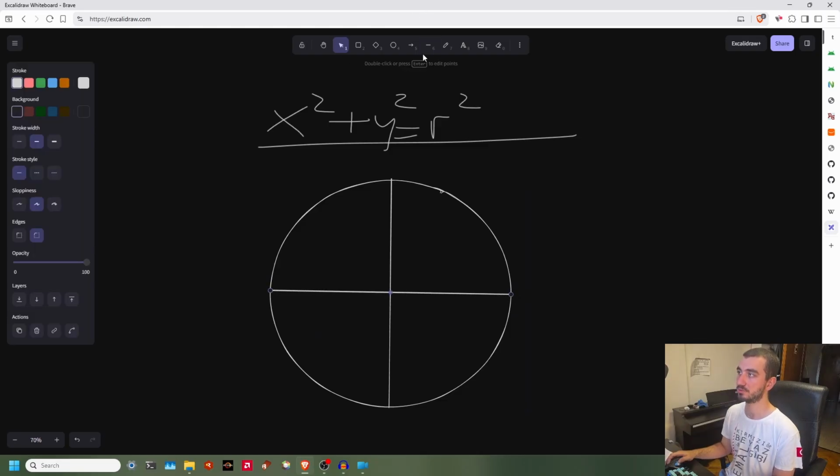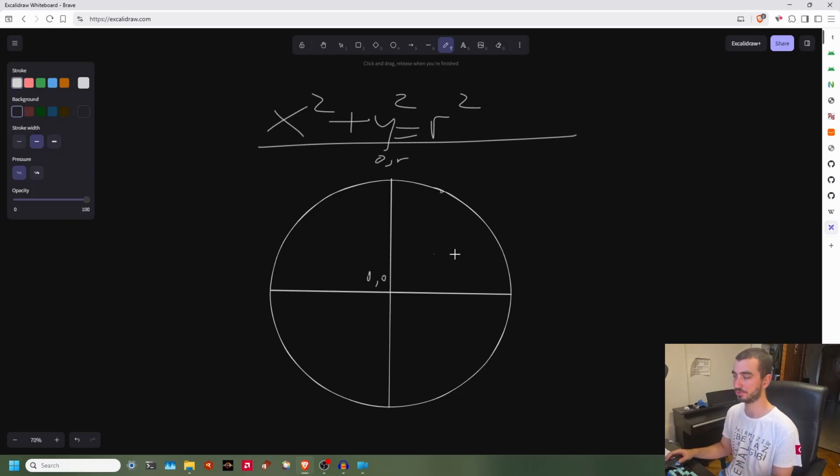So this is 0, r. This is 0, 0, the origin point. And this is r, 0. This is 0, minus r. And this is minus r, 0, right?